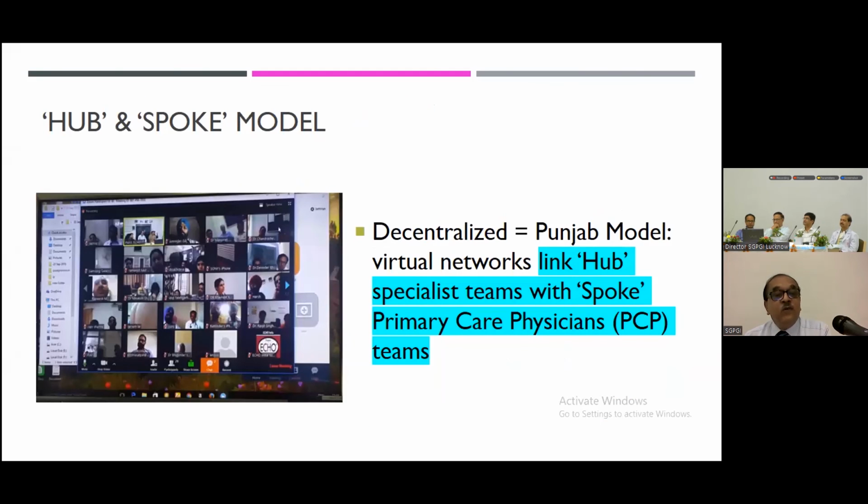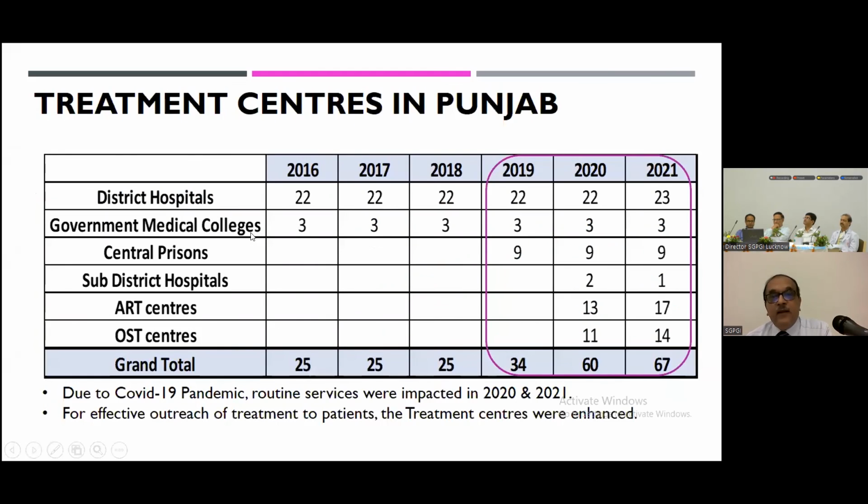You can see one session that is going on, hub and spoke; the hub, we are sitting here, and these are all spokes. Initially we started with 25 centers, and thereafter you can see that we have included sub-district hospitals also, ART centers and the OST center.